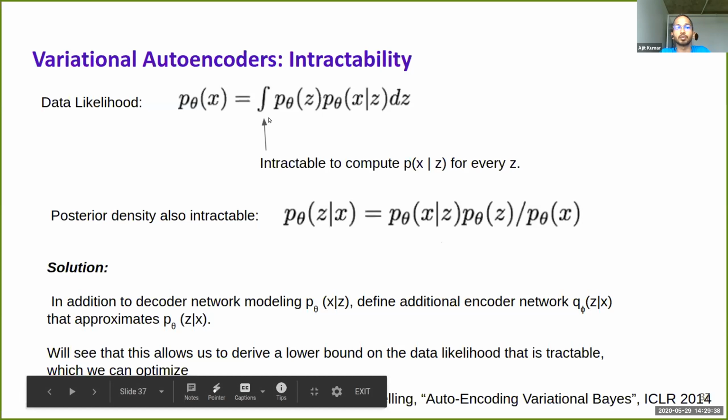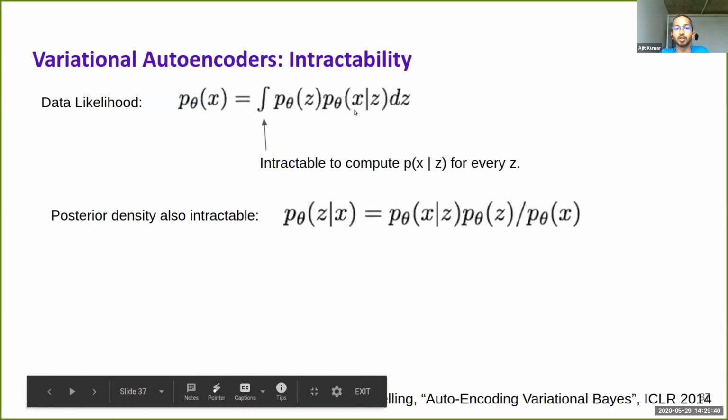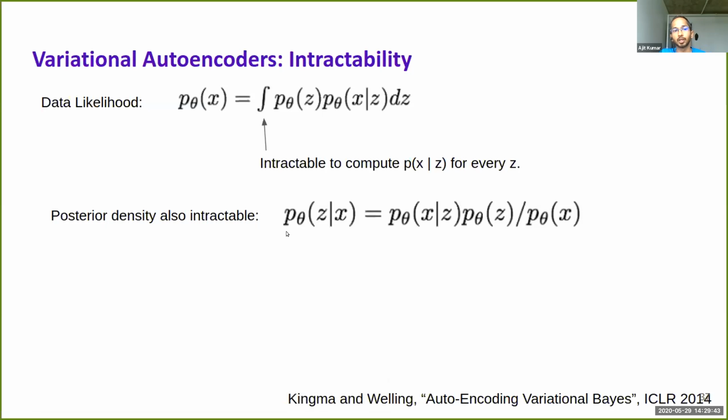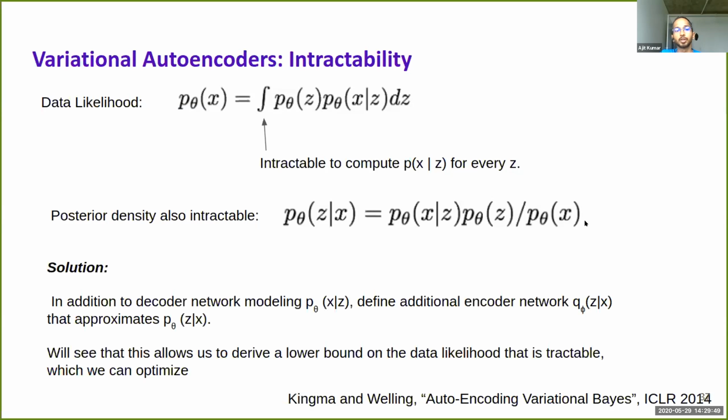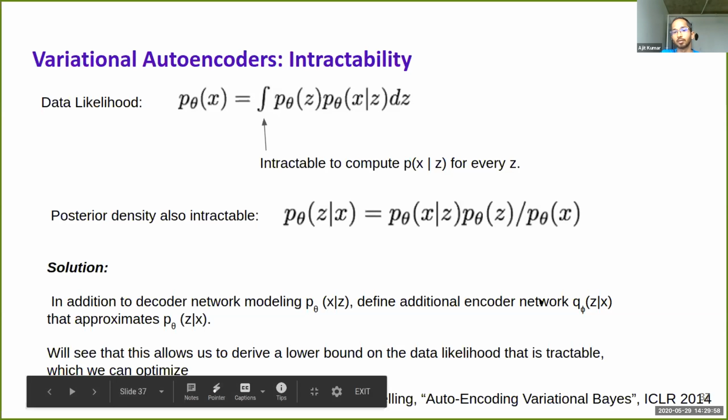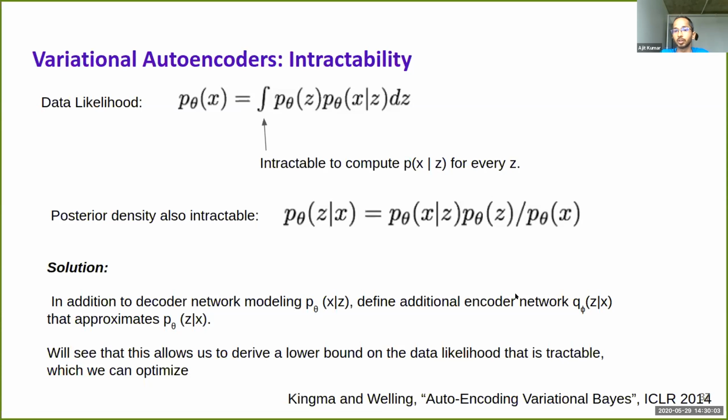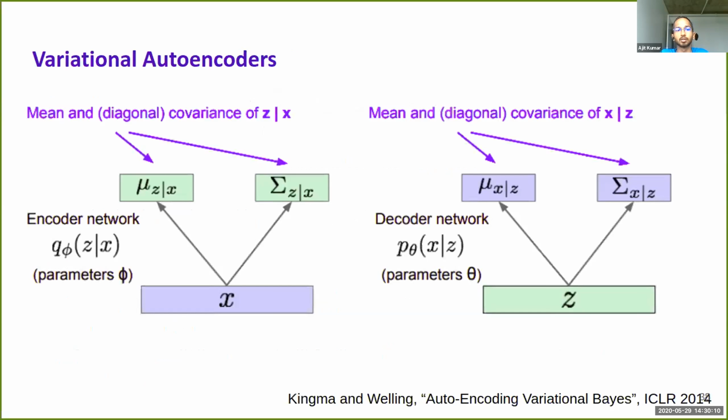Because this is intractable for all values of Z, and the posterior density, Z given X, is also intractable because P of X is intractable, in order to model X given Z, we also try to model Z given X. So we now have two networks, similar to the autoencoder network, and we'll try to figure out a lower bound which we can approximate.